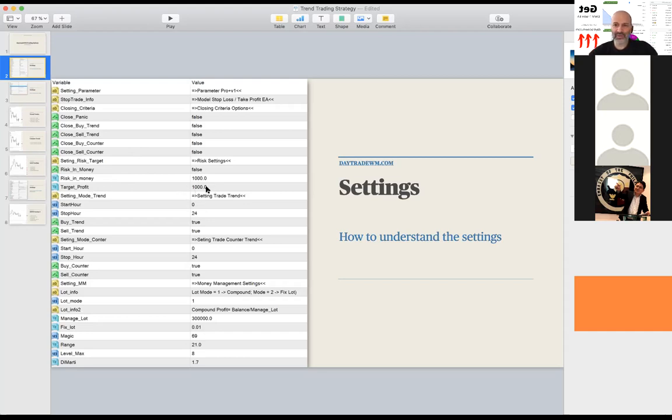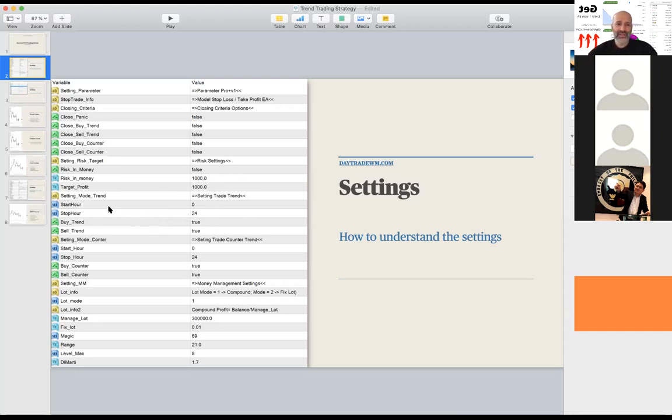If it makes $1,000 on all the trades, it will close. It will close on this specific pair. Let's say you attach it to several pairs, like Euro US dollar, USD JPY, and other things. It will only close when you have it set to true. So if you have it false on one chart, true on the second chart, this will only be activated on the one which is true.